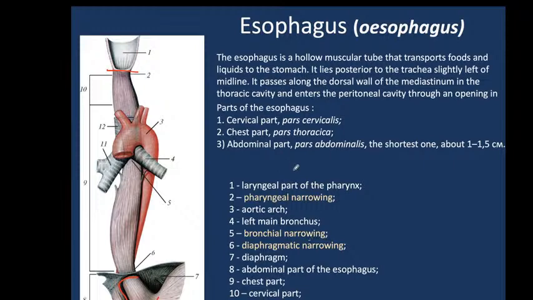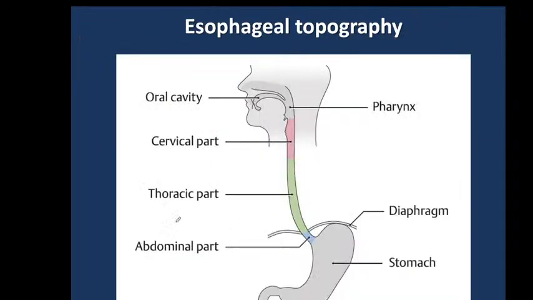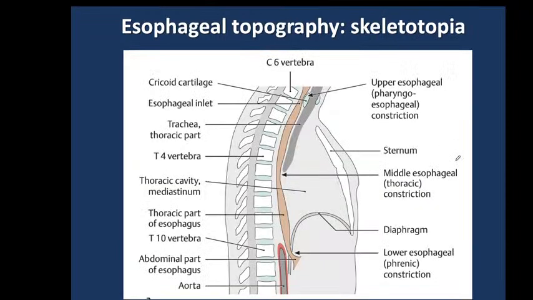So we divide the esophagus into three parts: cervical part, chest part, and abdominal part. It is visible in the topography. Here is the cervical part, the longest is the thoracic part, and the shortest, about 2 centimeters, not longer, is the abdominal part of the esophagus.